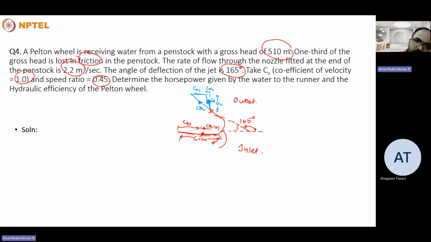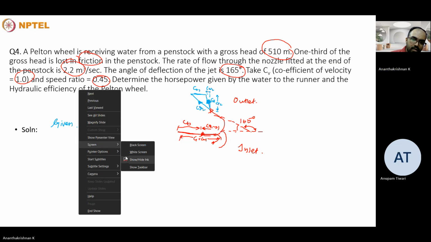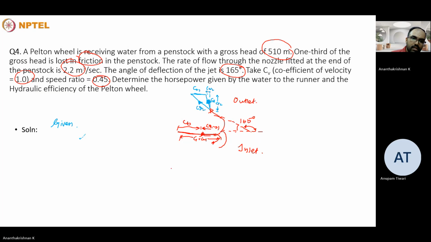So once we have established the velocity triangle, we'll try to solve it. The problem is very straightforward. Given the quantities which are given, the gross head will be equal to 510 meters.